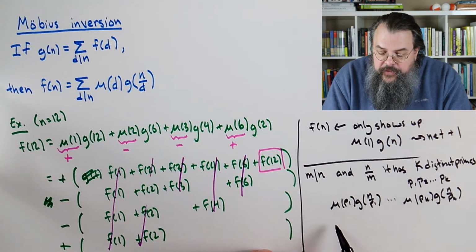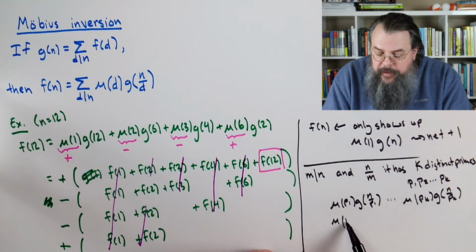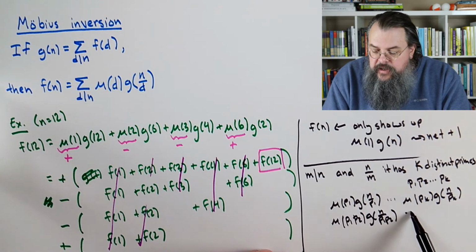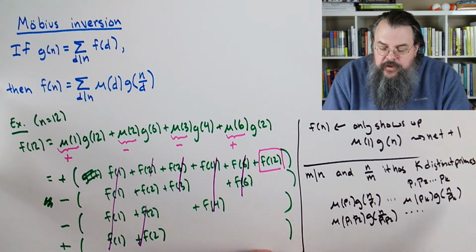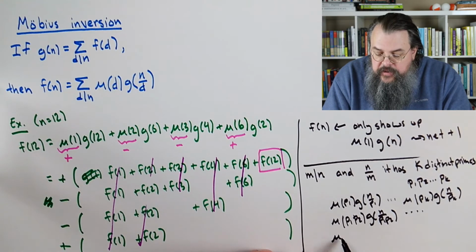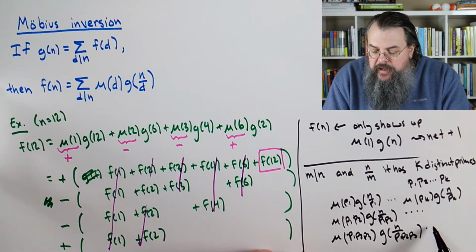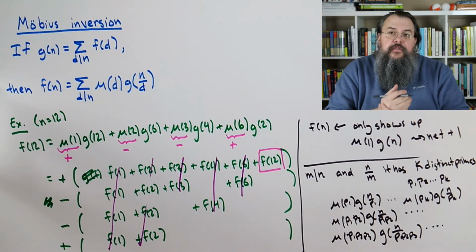All right, then we say, okay, how about 2 primes, p1, p2? Well, g of n over p1 p2, and all the way through products of 2 primes. Then, how about p1, p2, p3? g of n over p1 p2 p3, and so forth and so on.